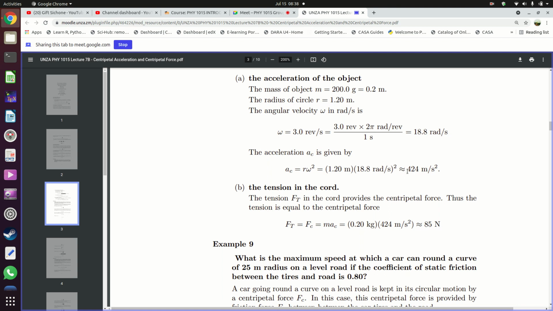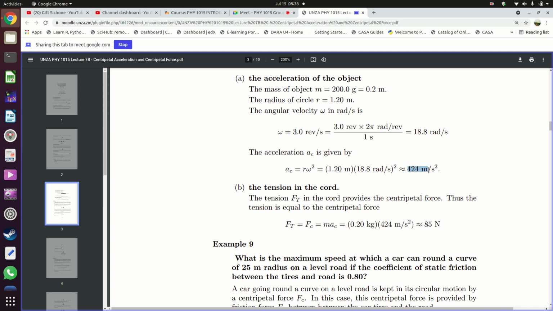The acceleration which comes out is very large. What I'm trying to say is that when an object is moving in a circle, it's undergoing a lot of acceleration. The change in direction accounts for a lot in terms of acceleration. So this is our centripetal acceleration.